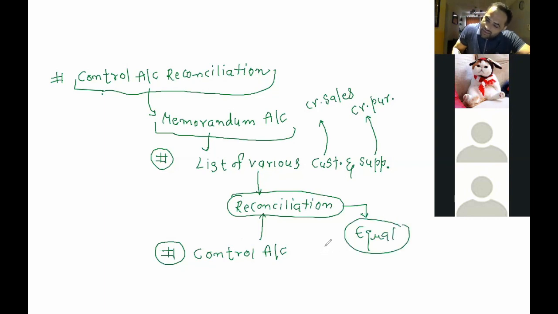Equal means I would say nearly equal, because sometimes it is not exactly equal. I will explain you later on, but it should be nearly equal, approximately equal, right? So this is called control accounts reconciliation, right? So let me give you another example of control account reconciliation.